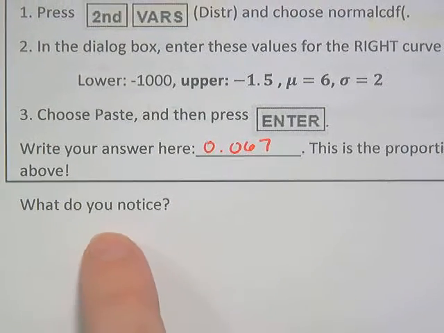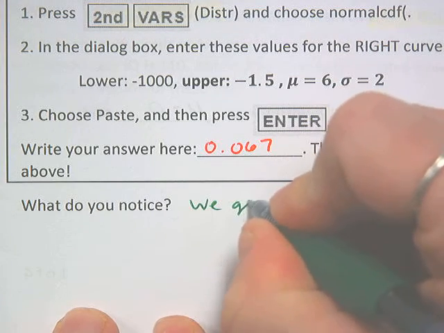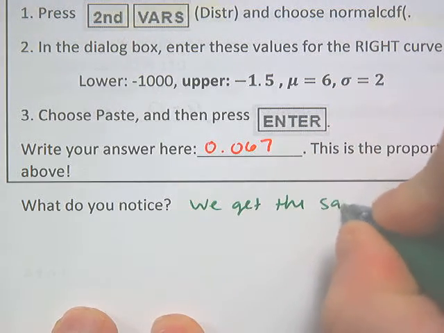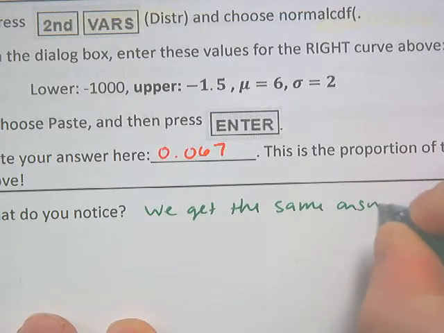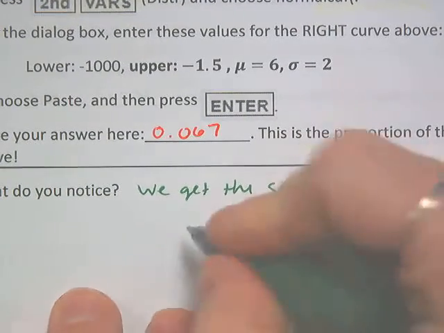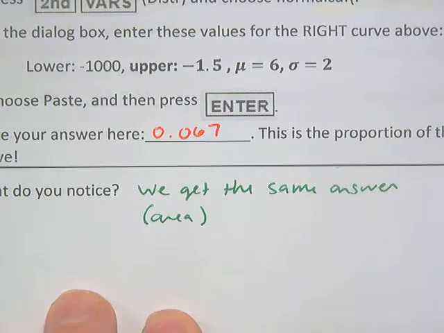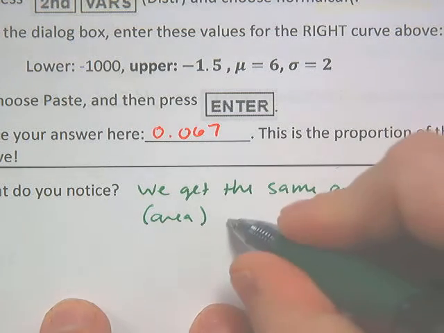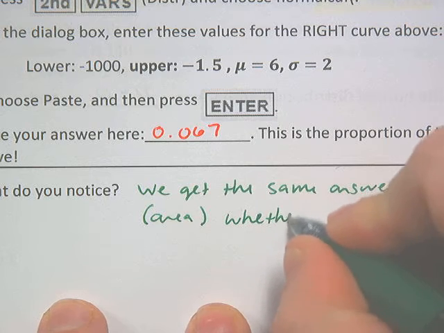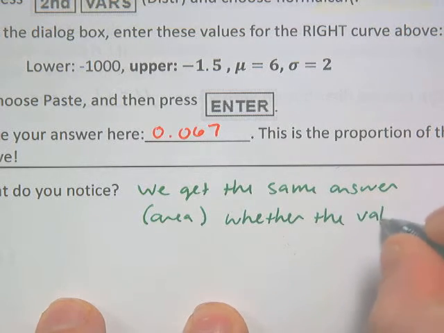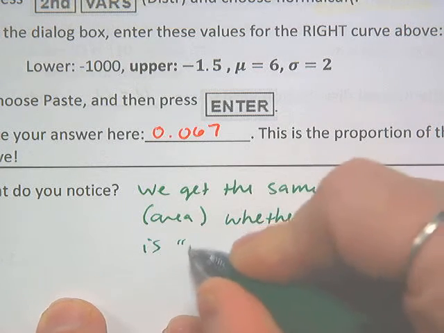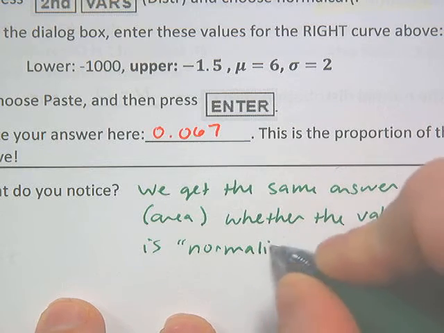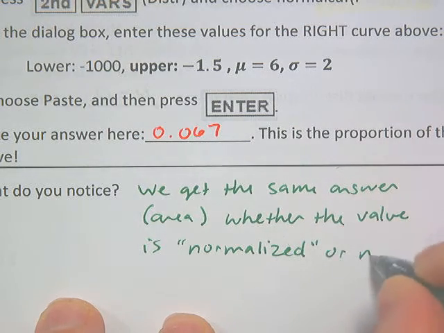What I want you to put for what do you notice is we get the same answer, the same area, whether the value is normalized or not. Here's what that means.